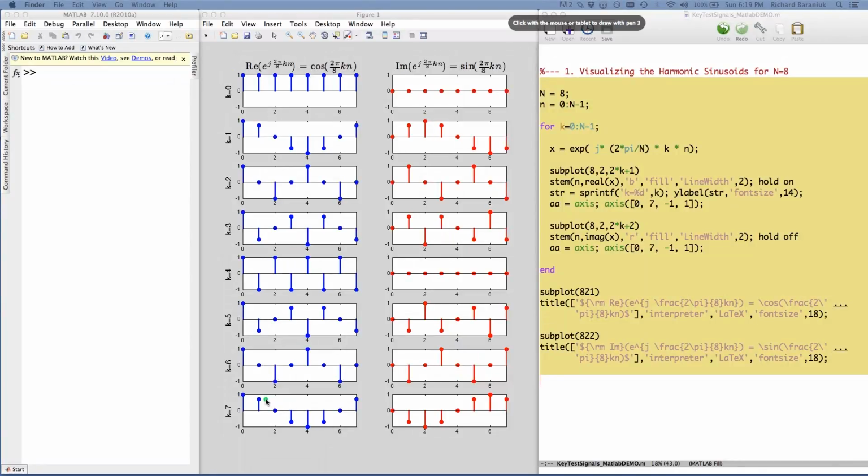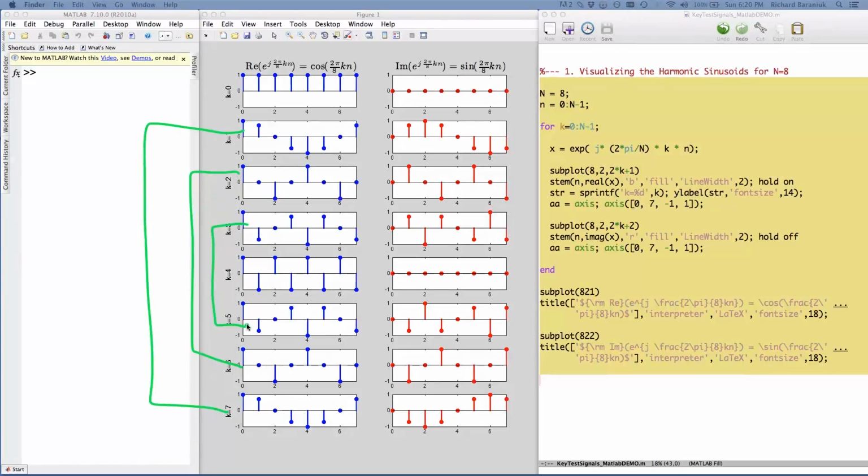As a matter of fact, if we look in more depth, we can see that for the cosine components in blue, these signals are all identical to each other. These signals are identical, k equals 1 and k equals 7.